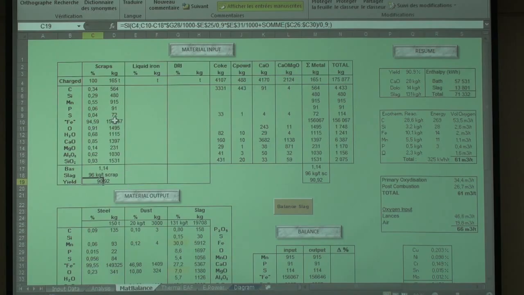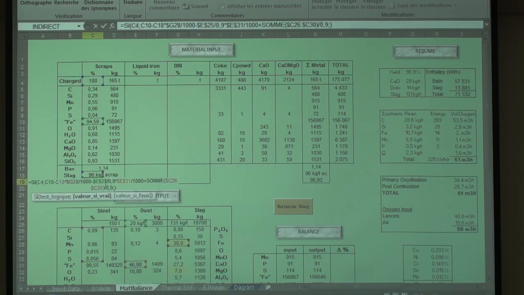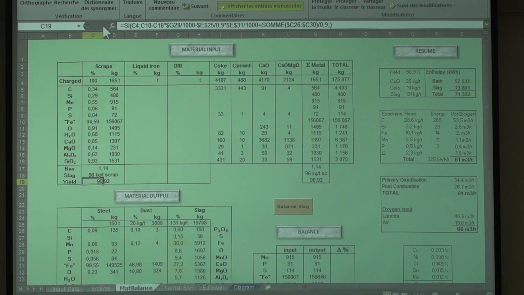So this is the iron content, C10. Oops, what did I do? The SI is your function. The macro SI equals SI. This is your IF function. Oh, it's a French Excel. See, it's different. Different in English Excel.